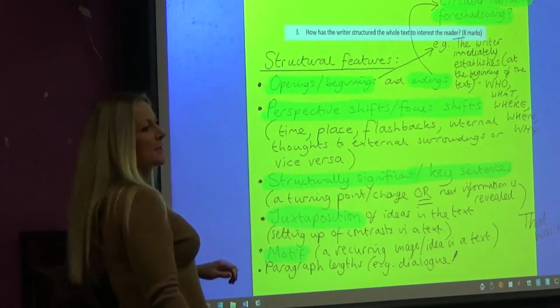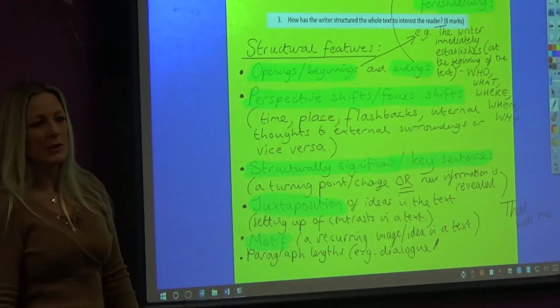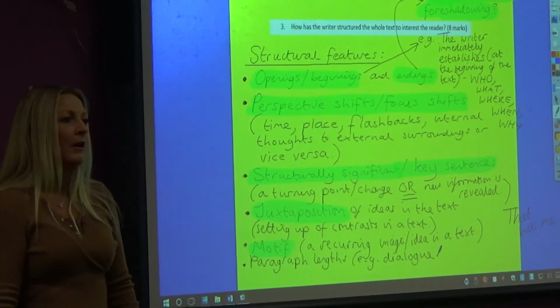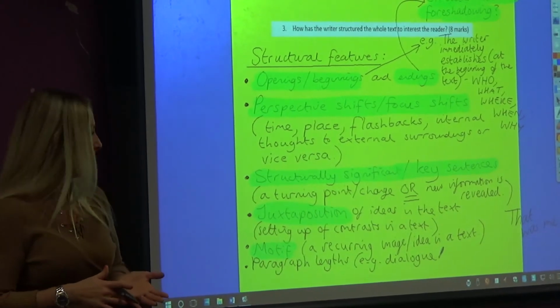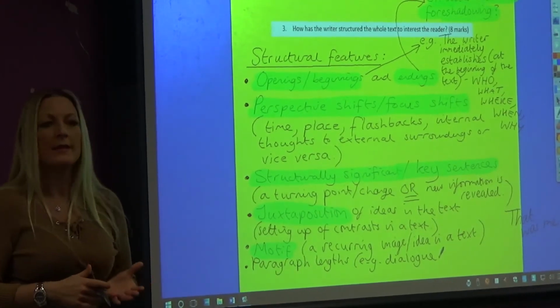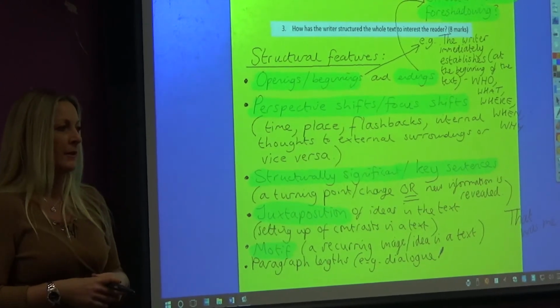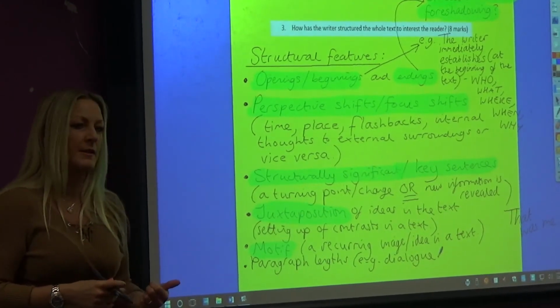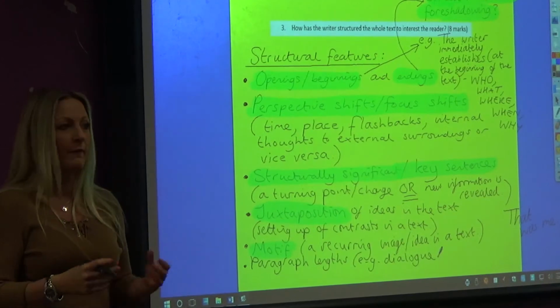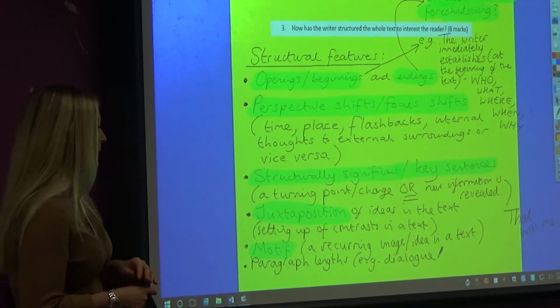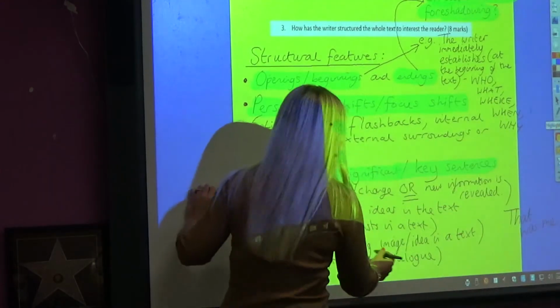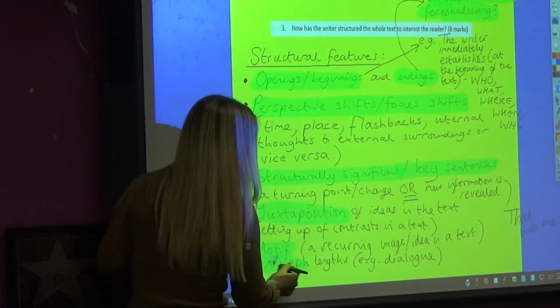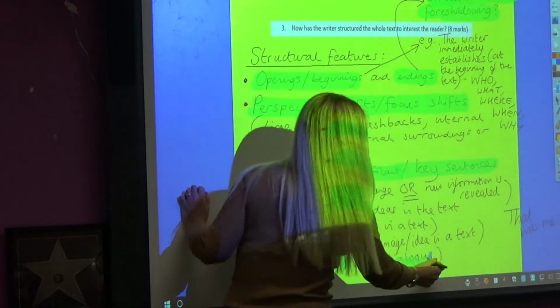So look out for sections of dialogue, speech. We'll talk tomorrow about the effect of dialogue, but generally, dialogue takes the reader into the action. It reveals more about characters' relationships with each other, and it involves them in the moment. Okay, so again, structural terminology would be paragraph lengths and dialogue.